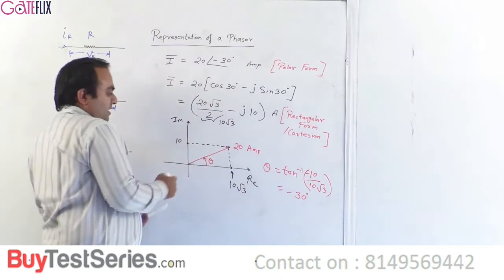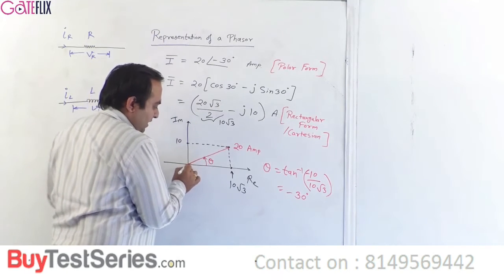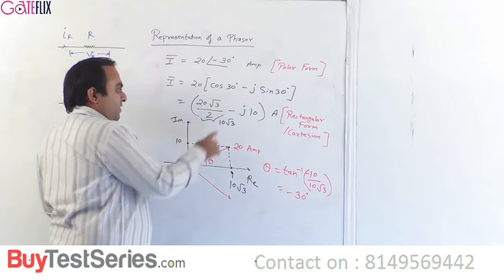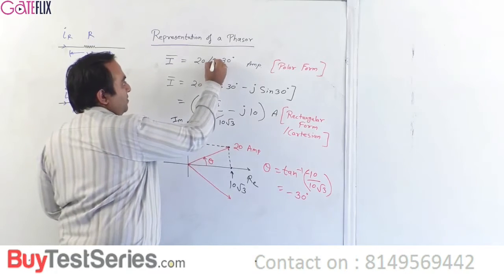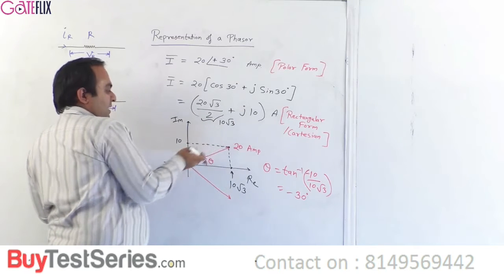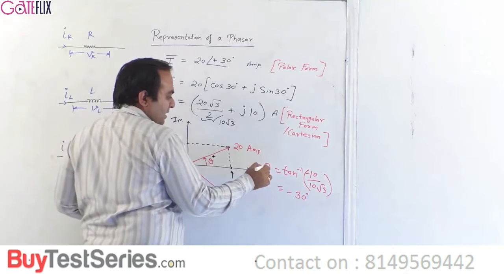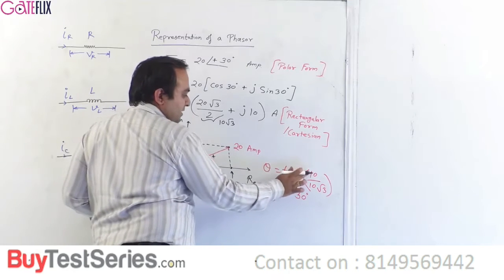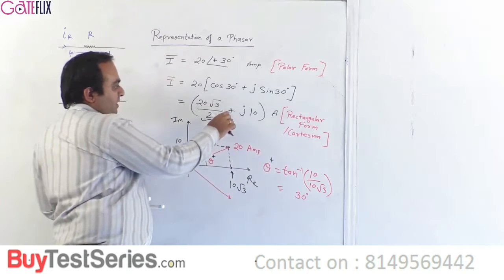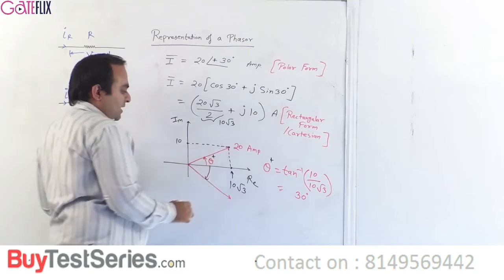So if it is plus 30, then minus 30 will be downwards, so minus 30 will come out here. Suppose it was plus and plus, then it will be theta on the positive side. If it was minus, then this would be minus 30 degrees.